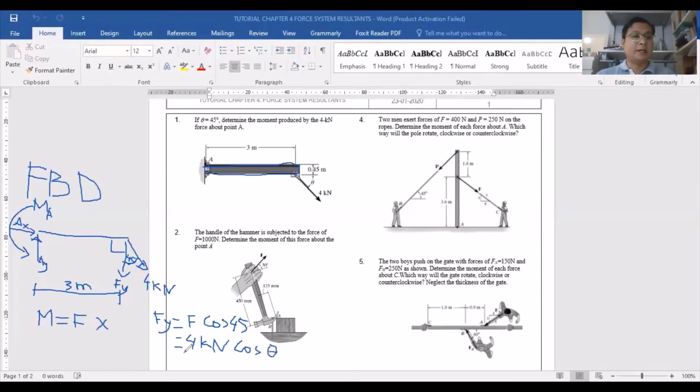And then you put here 4 kilonewton cos theta times the distance, 3 meters. Okay.